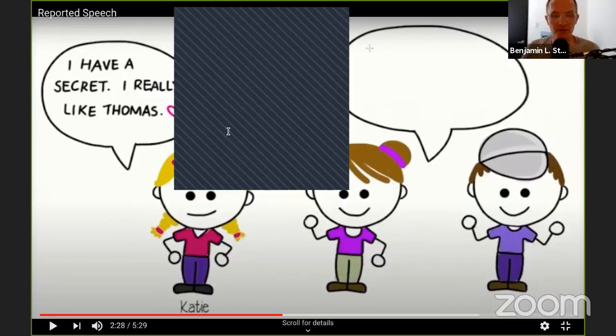So recognize that there are different verbs, and be careful when you're doing reported speech that you include both of those verbs. So somebody either said something, mentioned something, claimed something, revealed something. Revealed is another verb that you could use.